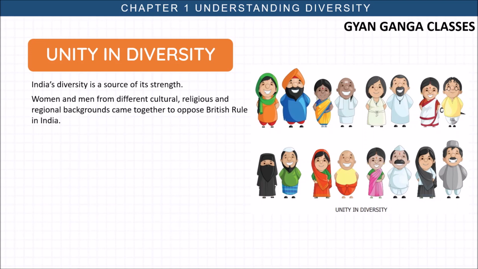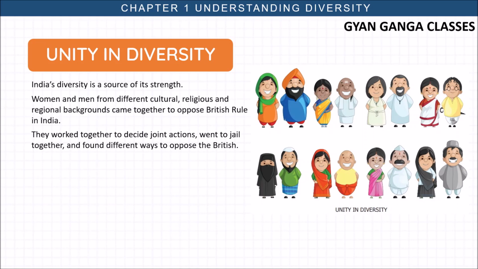They worked together to decide joint actions, went to jail together, found different ways to oppose the British. They were thinking and doing things in the same direction, even though they were not the same. Some were Bengali, some South Indian, some Punjabi, but still they all were working together for one motivation. That is the unity in diversity.